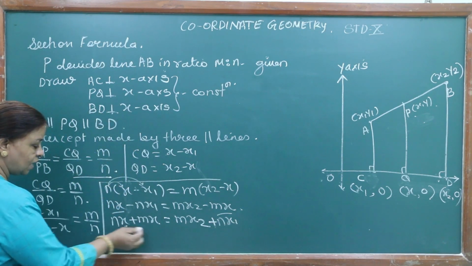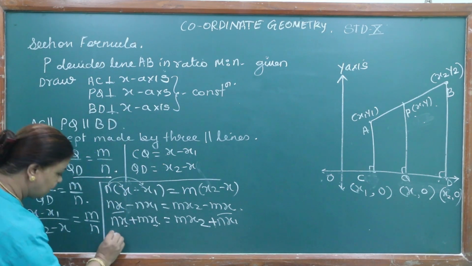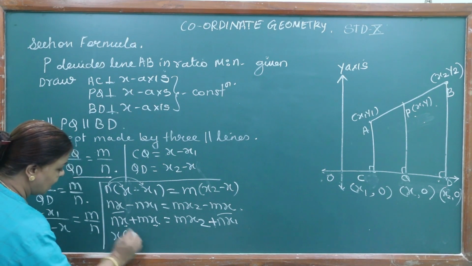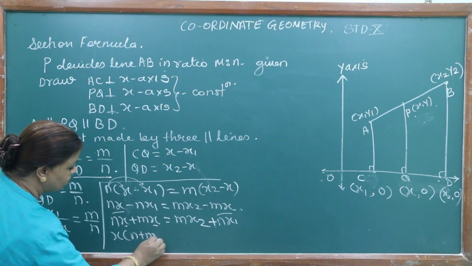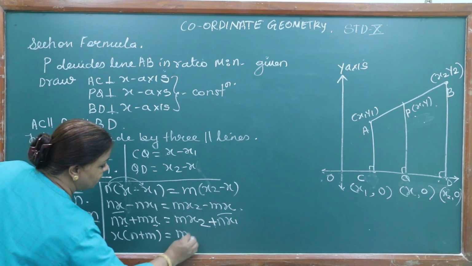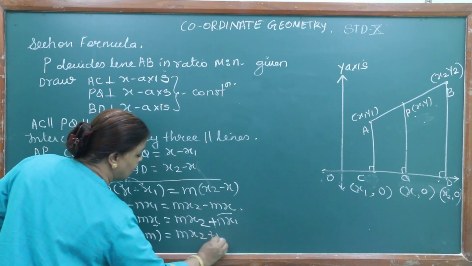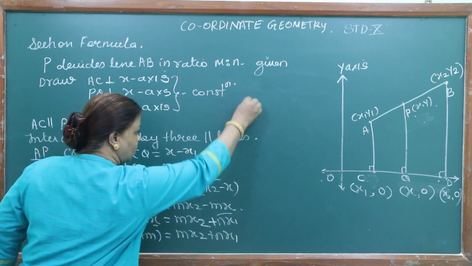Now this is also x, this is also x. I can take x common. x times n plus m is equal to mx2 plus nx1.